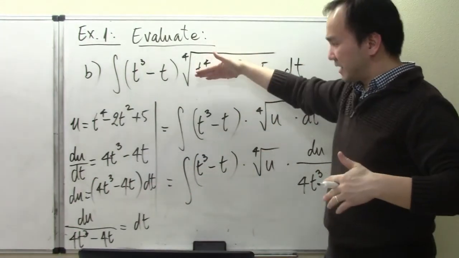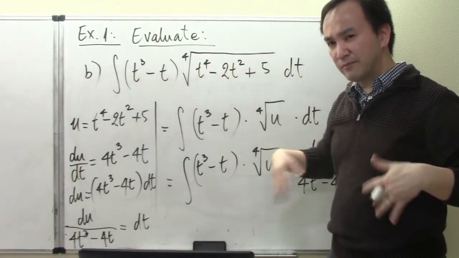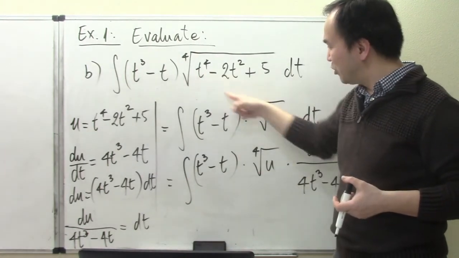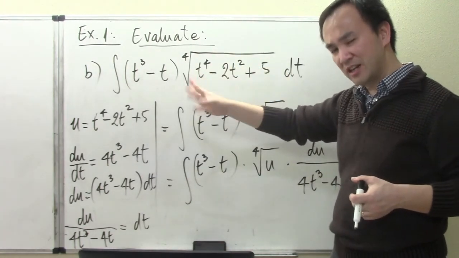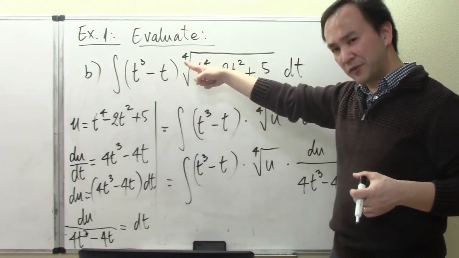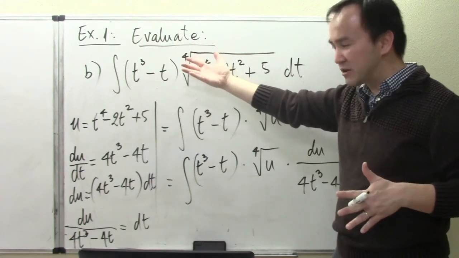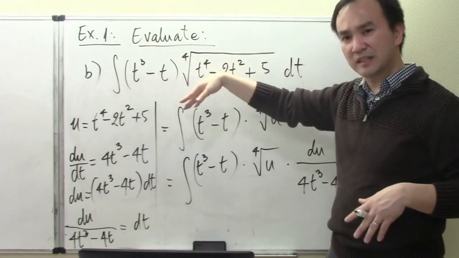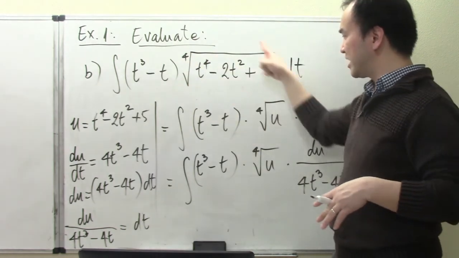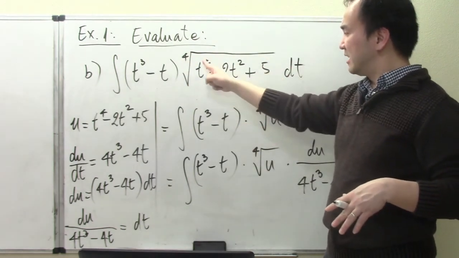I'm attempting to make that connection to my explanation in part A earlier. I chose this one because of the same reasoning, the same experience I've had. It's a 4th root. Maybe there are still viewers out there who don't like roots, but I see roots as a power as well.